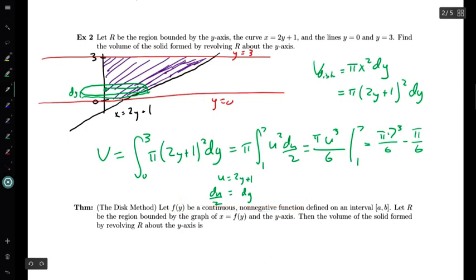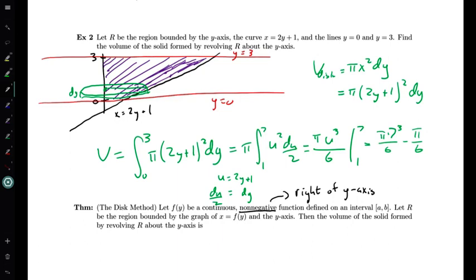So maybe the note that we want to make here is that a non-negative function, when we're thinking about it as a function of y, means to the right of the y-axis. It means, again, that f of y is greater than or equal to 0. And since we're thinking about f of y as being the x values, non-negative x values live to the right of the y-axis. So we have a continuous non-negative function defined on the interval ab.